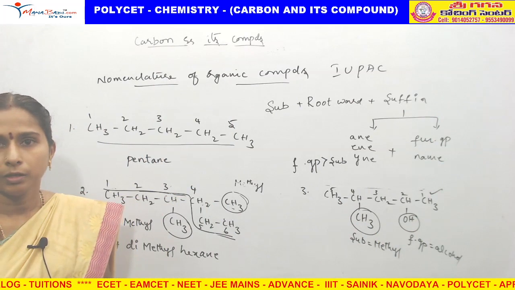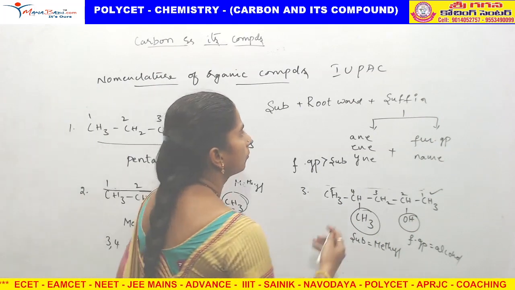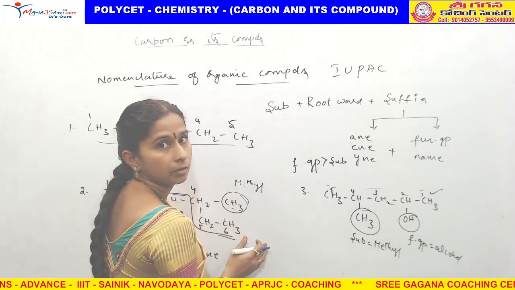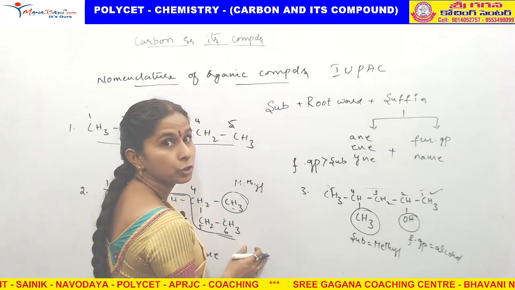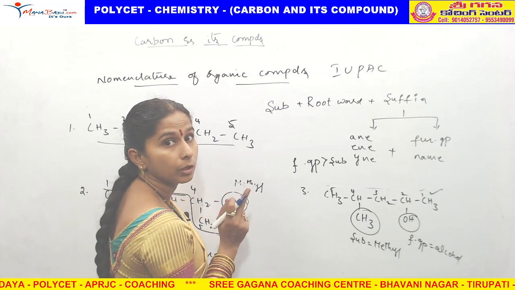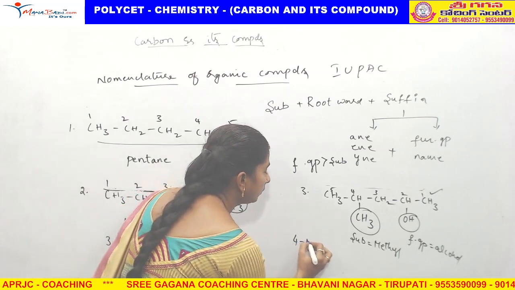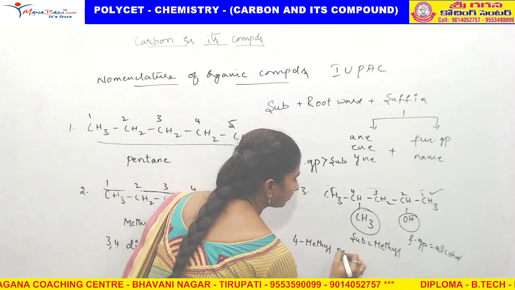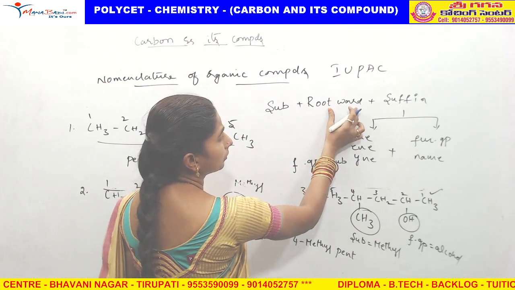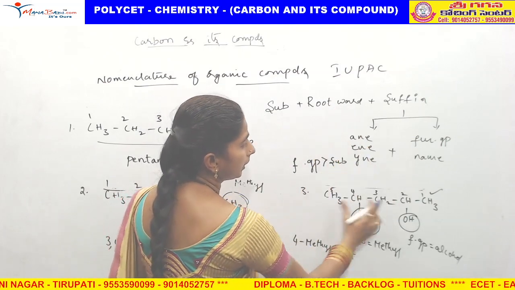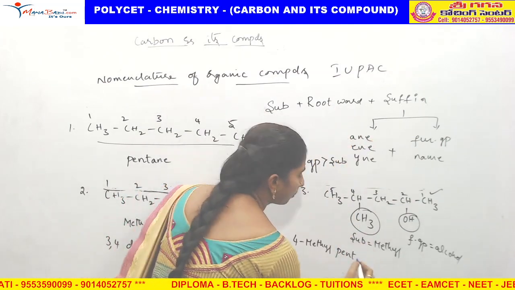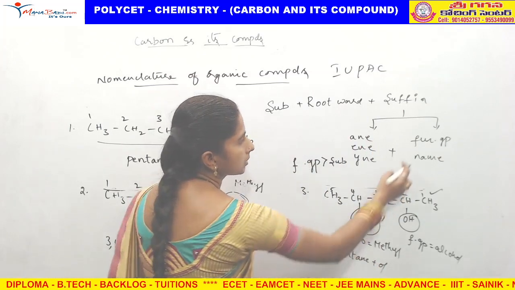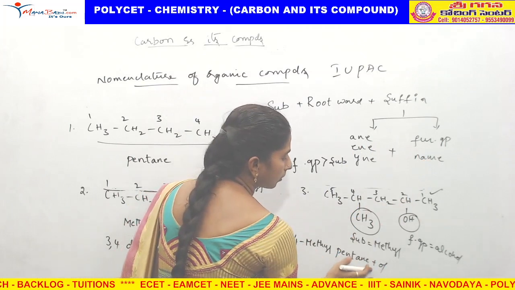Okay. Now what do we need to write first in the name? Substituent. What is the substituent? Methyl group. Position also you need to write: 4-methyl. Pent is the root word, then ane, any double bond, triple bond? No. Pent plus ol, because the suffix of the functional group is ol.